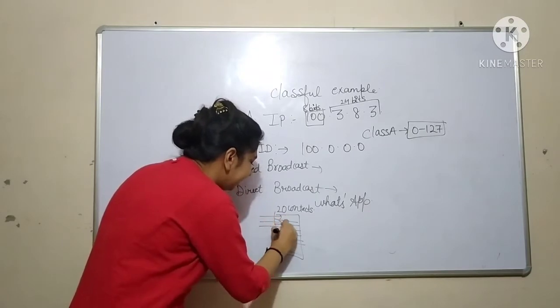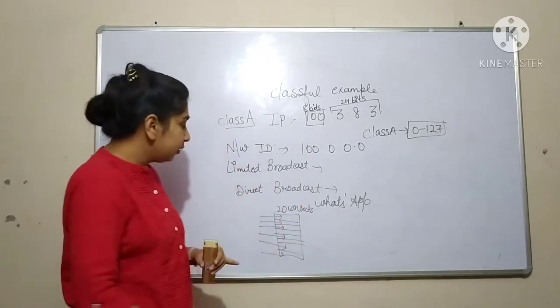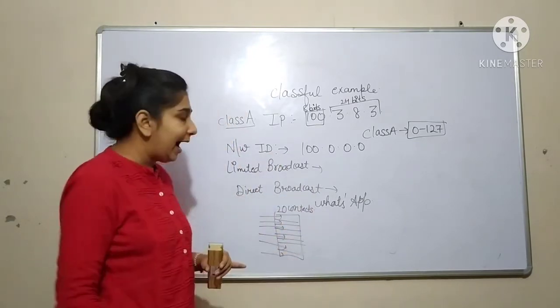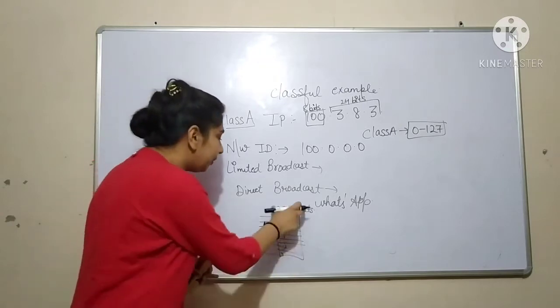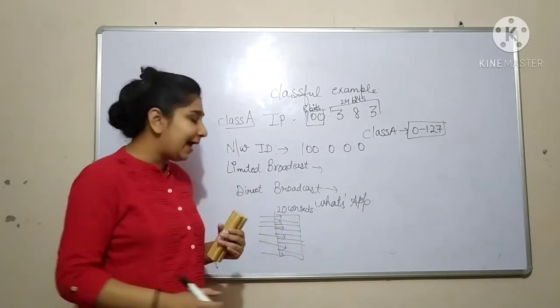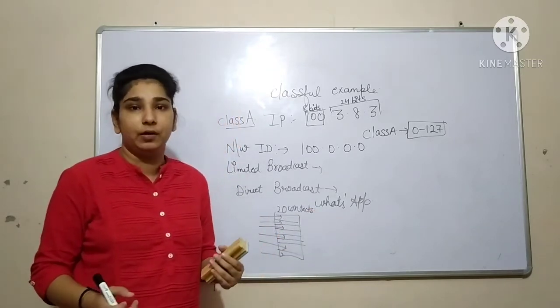This is called limited broadcasting. I am assuming that all these 20 contacts belong to the same network.